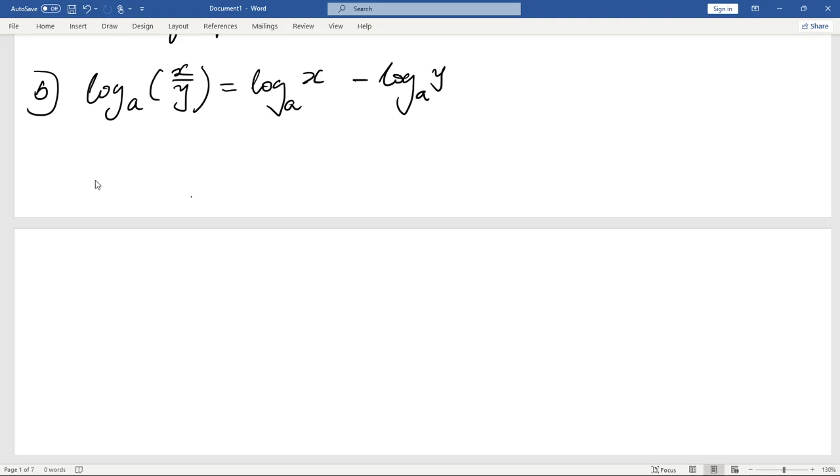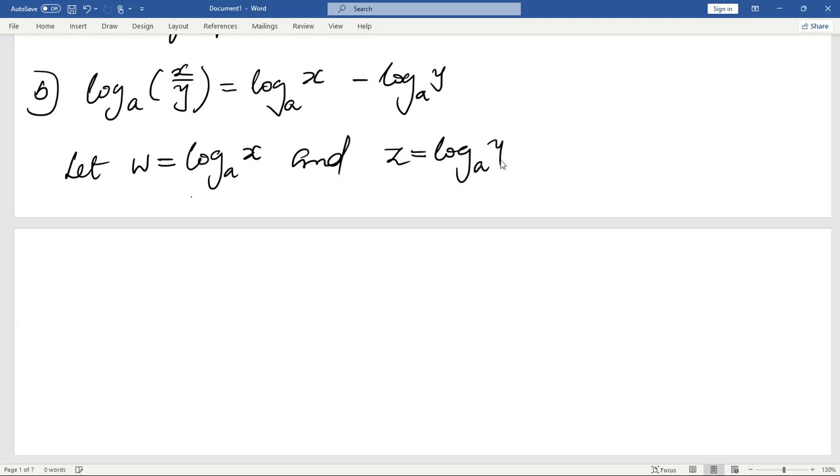We do the same thing that we did in the previous example: we make an assumption. Let w be equal to log x, and z be equal to log y.